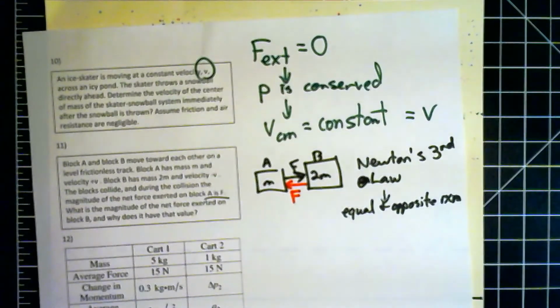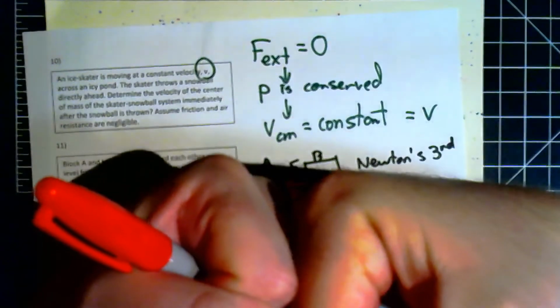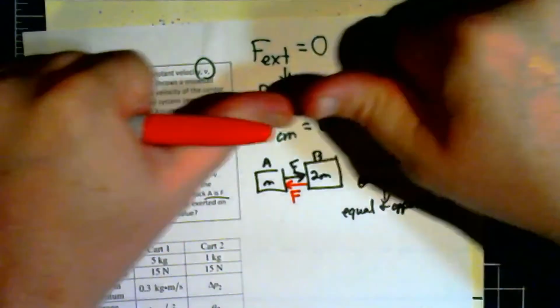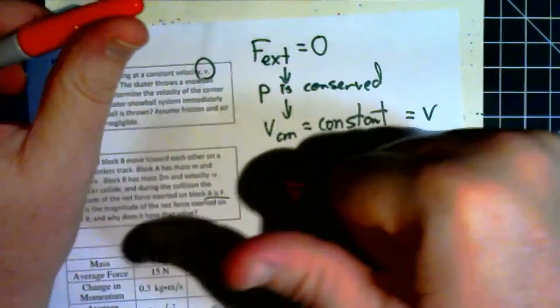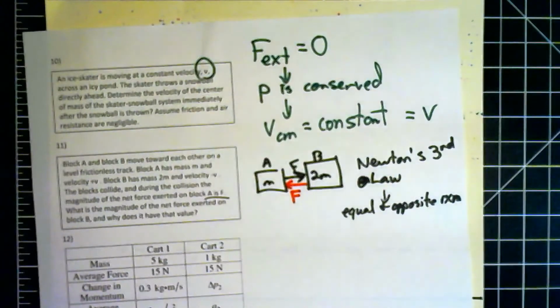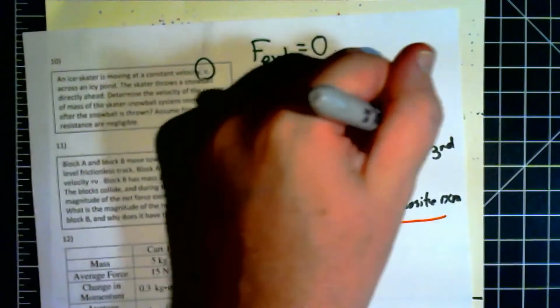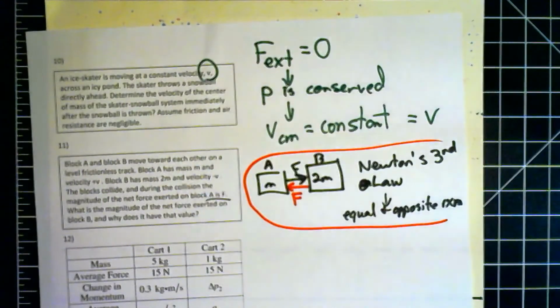There's only one interaction. That's why I use the word interaction. So whenever you have two things that come together and smash into each other, there's only one force. One points one way, the other points the other way at the same amount. All right, and don't forget that. That's really important in any kind of collision or two-body interaction.